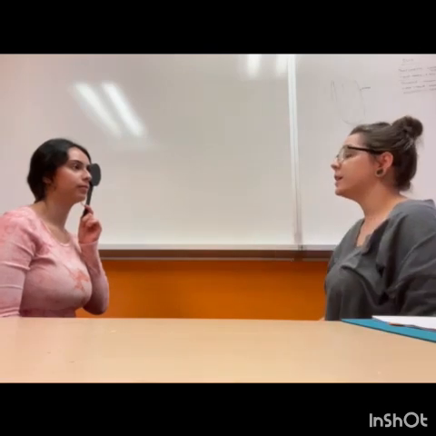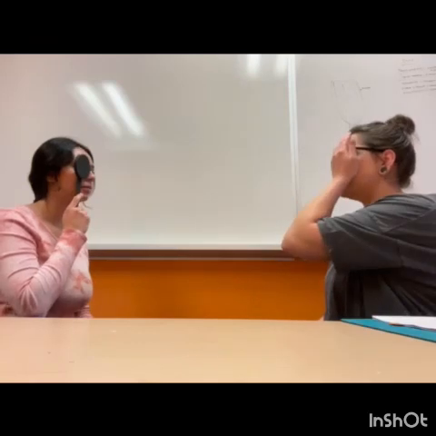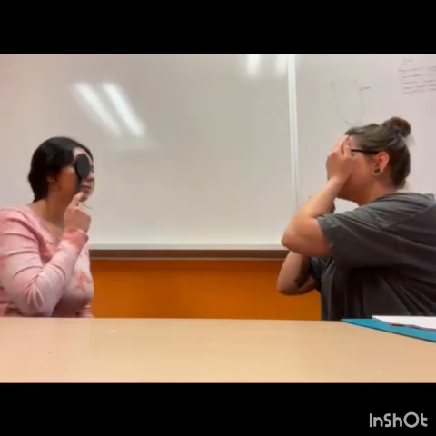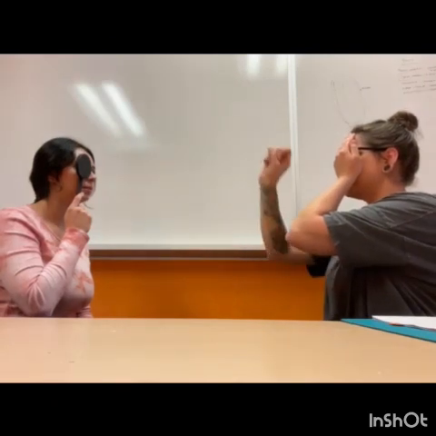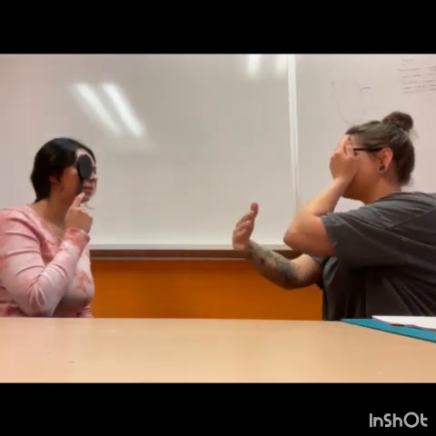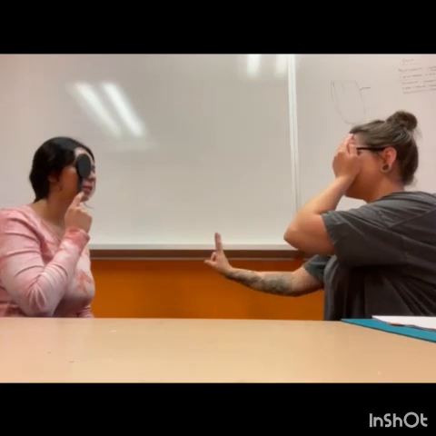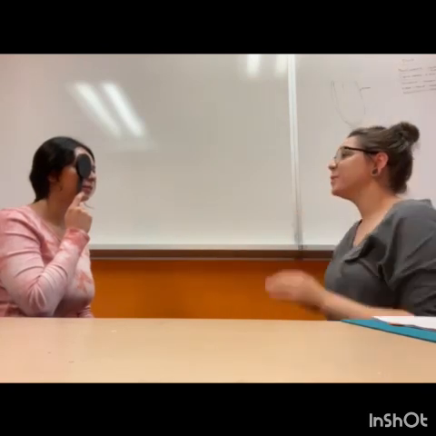Perfect. And then I'm just going to get you to occlude your right eye. Wonderful. And then just looking at my right eye here. 1, 2, 5, 2. Beautiful. Thank you very much.